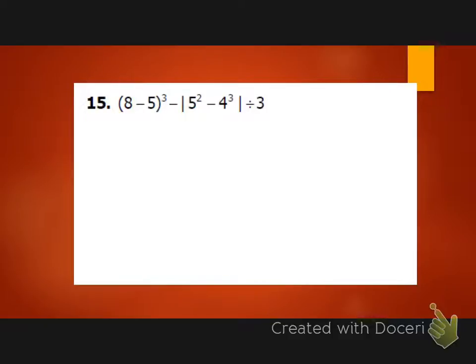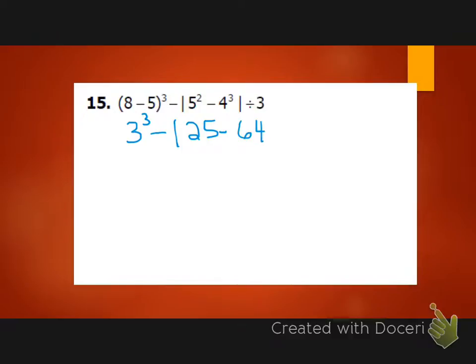You start with your parentheses, absolute value, brackets, all of that. Still the same thing. 8 minus 5 is going to be 3. So we've got 3 cubed right here, minus the absolute value. We've got to do what's inside first. So 5 squared is going to be 25, and 4 cubed is going to be 64.